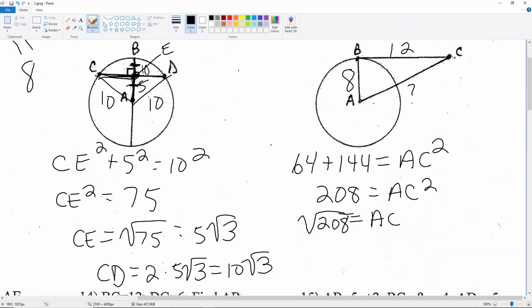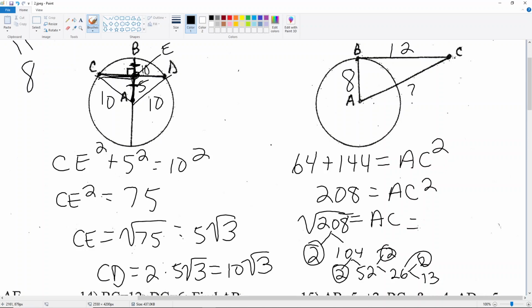We want to try to find perfect square factors, so I'll just start taking 2's out. 2 times 104, 2 times 52, 2 times 26, and 26 is 2 times 13. So I have 2, 2, 2, 2. That's 16. The square root of 16 is 4. 4 square root 13 is AC.